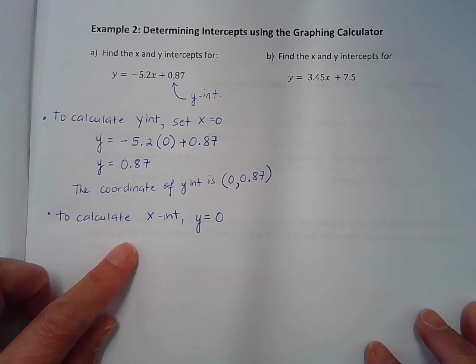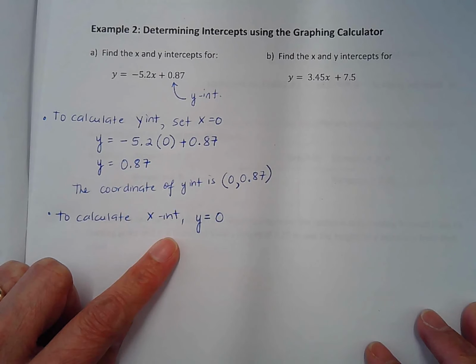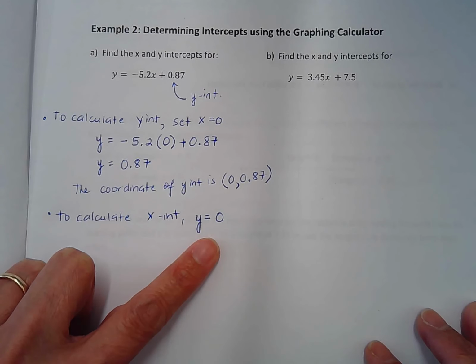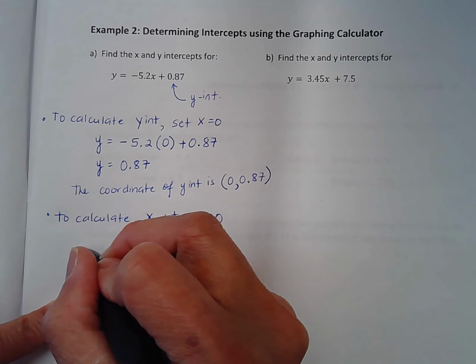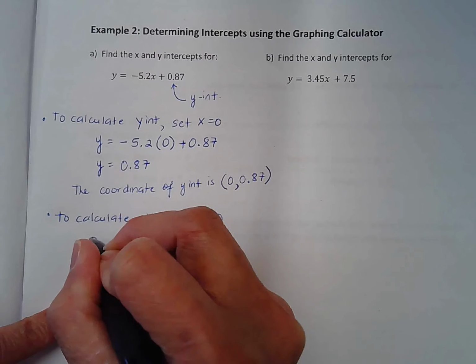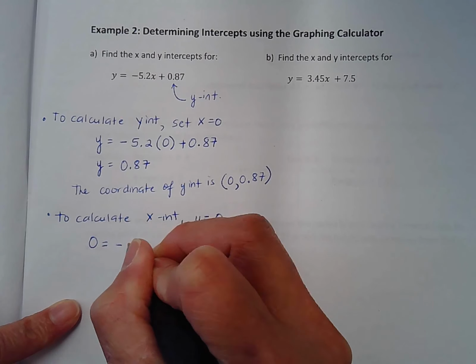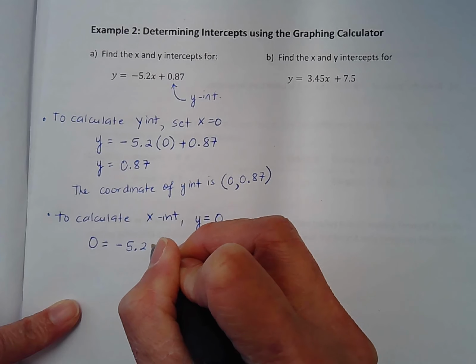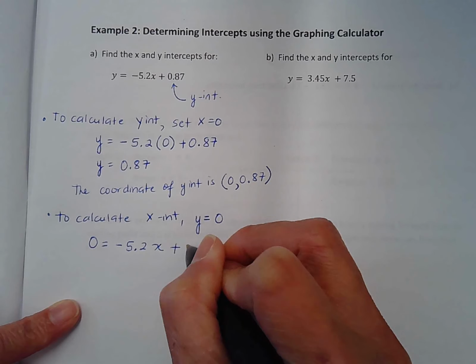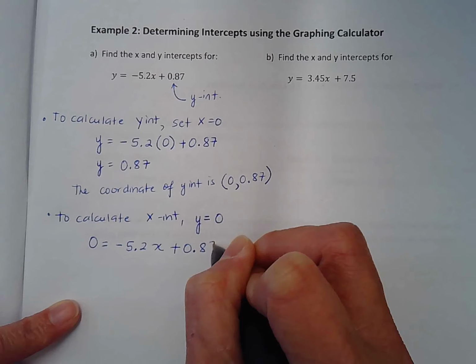Does that make sense? Because everywhere there's an x-intercept, the y value is 0. So we're going to replace y with that. So it's going to be 0 equals negative 5.2 times x plus 0.87.